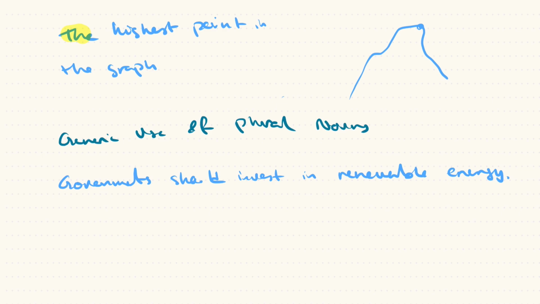This governments is very generic. Essentially, you're talking about any government, or all the governments should do this. You're not talking about any specific government. Or when you're talking about all of the entities that need to follow that action, you use the plural noun. Also, for example, in task 2, you can write, cars contribute to air pollution.